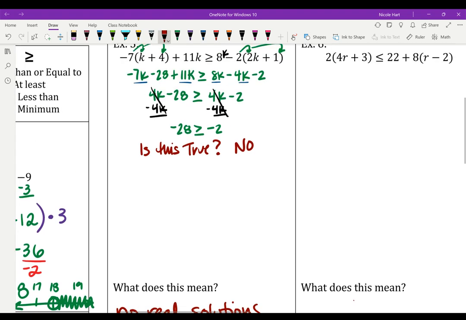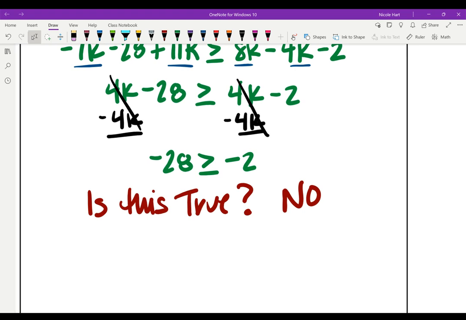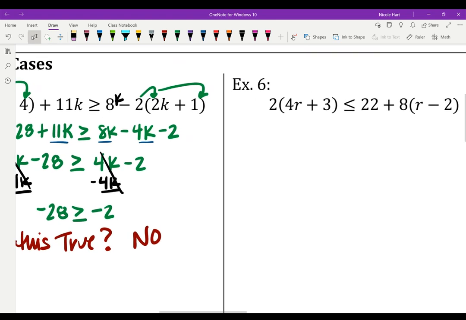And so if you end up with numbers, again, no variables, all your letters are gone, you're just left with numbers, and the mathematical statement with the inequality symbol is not true for the numbers, then it's no real solutions. So negative 28 is much smaller than negative 2. It's not greater than, nor is it equal to. So that is going to be a false statement.